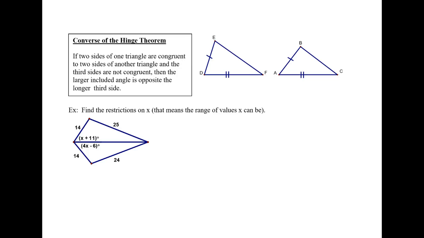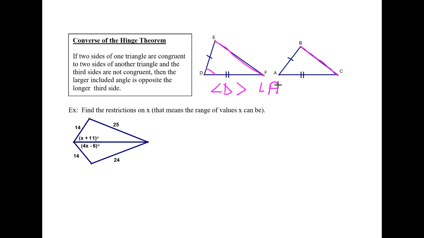So in this little example, if EF is longer than BC, then angle D is the larger angle. So we would say angle D is greater than angle A.